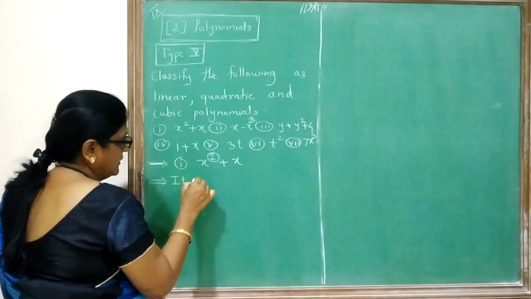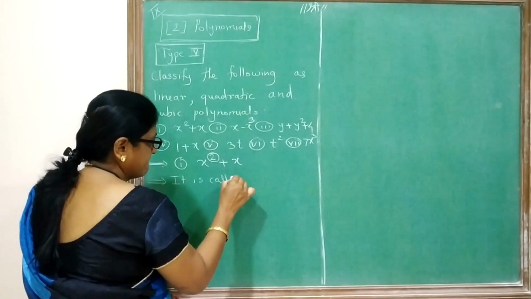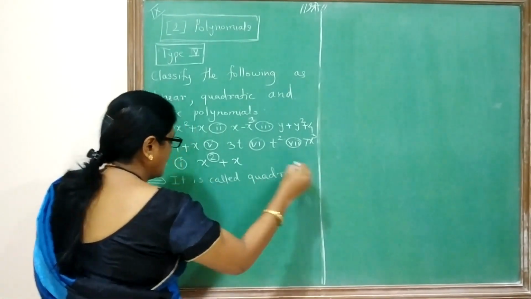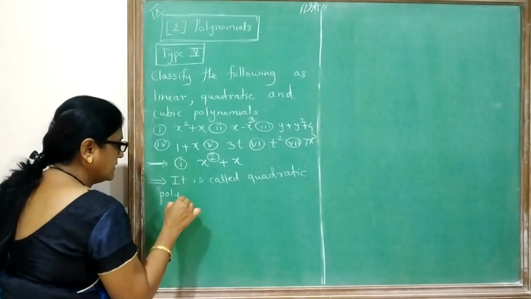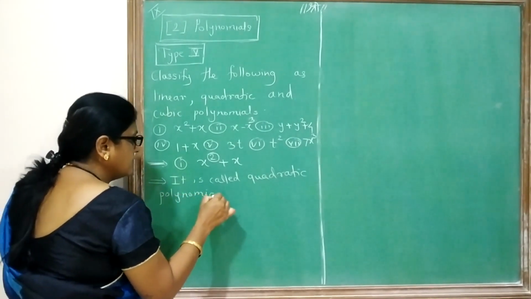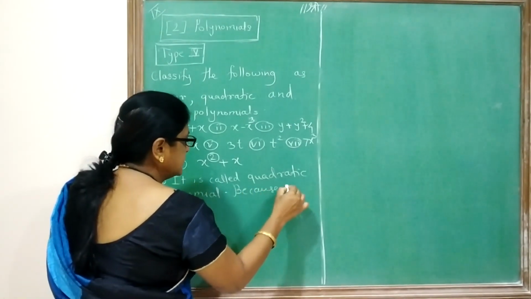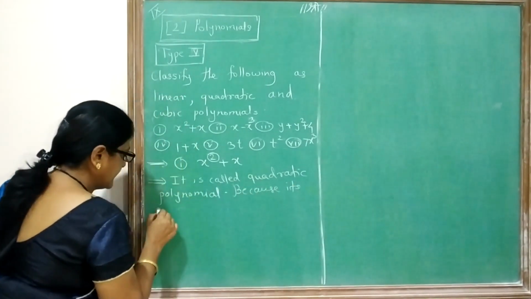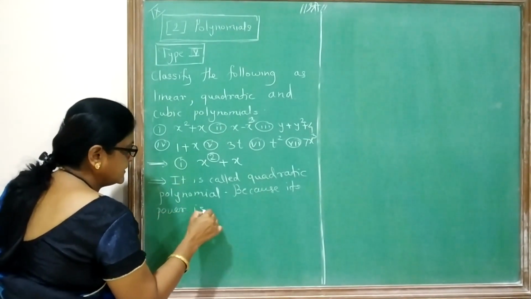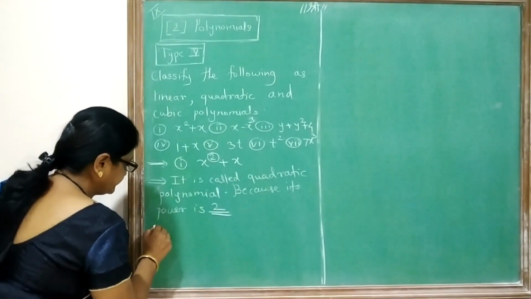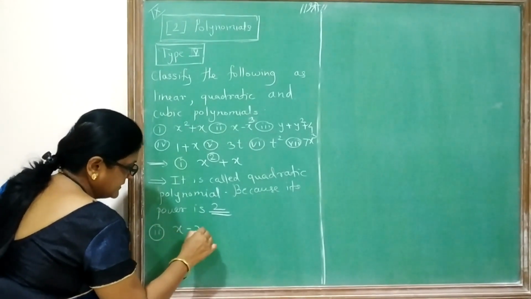It is called a quadratic polynomial. Why is it called a quadratic polynomial? Because its power is 2. Correct? Then second, x minus x cube.